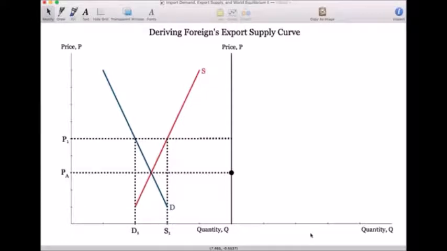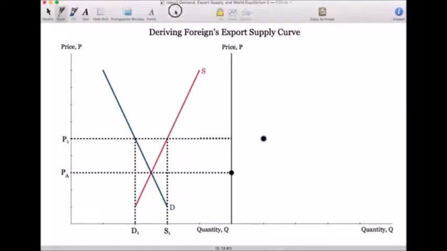So you can see here, as the world price goes above the domestic equilibrium price, the quantity supplied domestically is greater than the quantity demanded domestically. So that is the export supply. So at P1, it is going to be equal to S1 minus D1. And in this instance here, it is exactly equal to 1 unit.